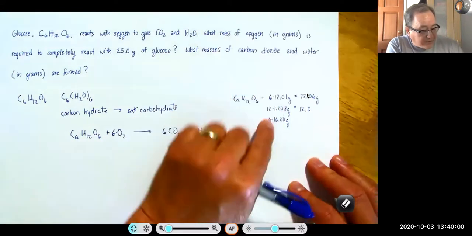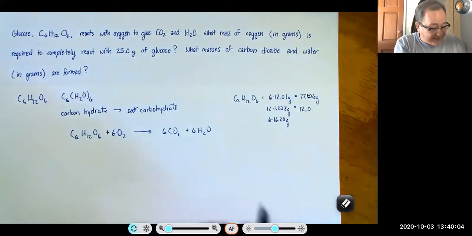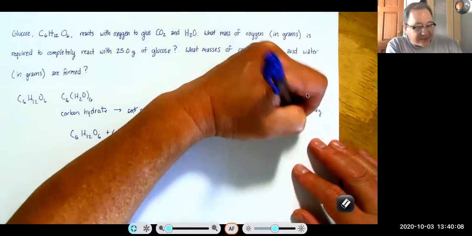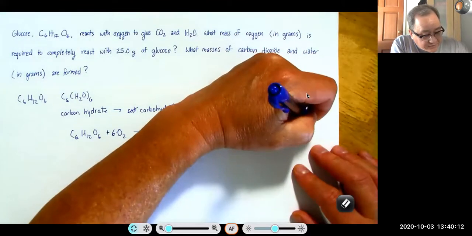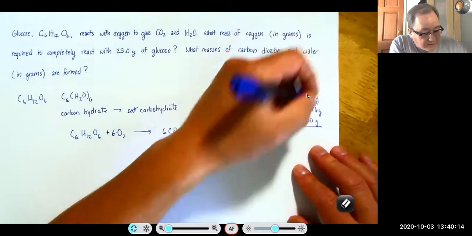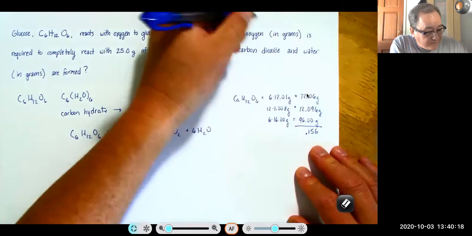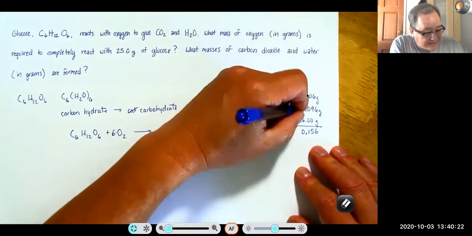And then 12 times 8 is what? 80 plus 16, 96. And 6 times 16 is going to be 96.00 grams. So when we do the gram total here, we get a 6, a 5, a 1, a 0, carry the 1, and we get 180.16.